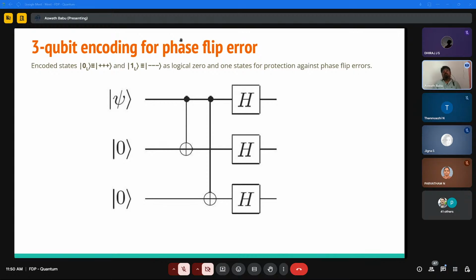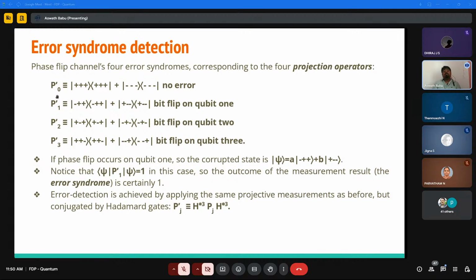If one of them is compromised from plus to minus, you can do the measurement using the projection operator. The only difference from the previous projection operators is that in place of zeros I have pluses, and in place of ones I have minuses.